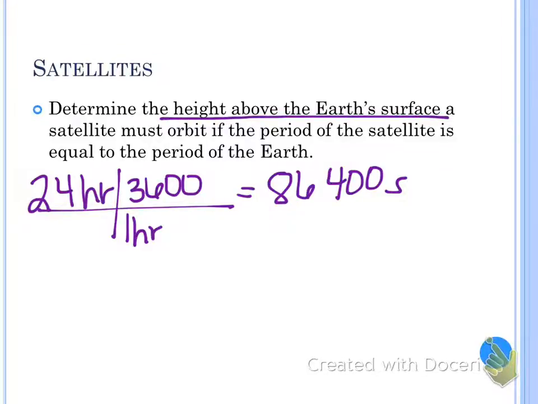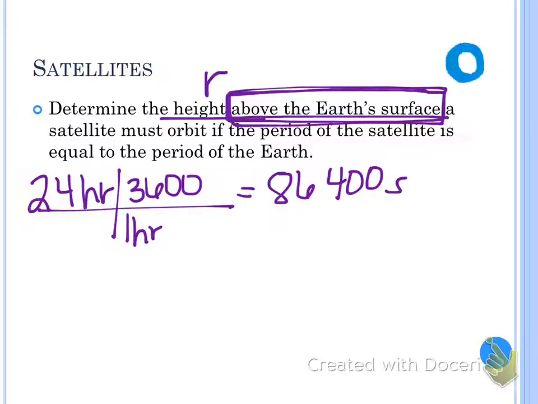Our goal here is to find the height. We want to find the height above the Earth's surface, and this part makes a difference, which we will look at at the very end of the problem. Our Earth was here, and our satellite was in orbit out here.